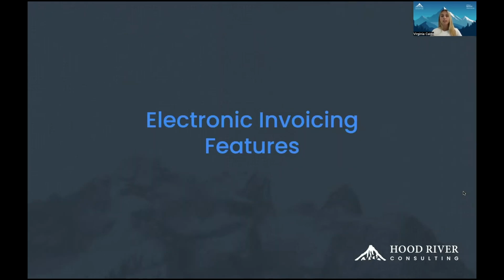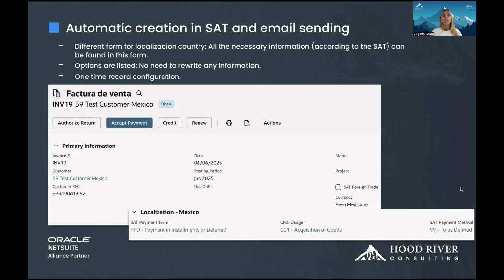Now I'm going to discuss a little bit deeper the electronic invoicing feature. When we create any type of electronic document, in this case we have an invoice, we will have standard and custom fields, right? Here, the first one we have is the customer, which is a standard field.